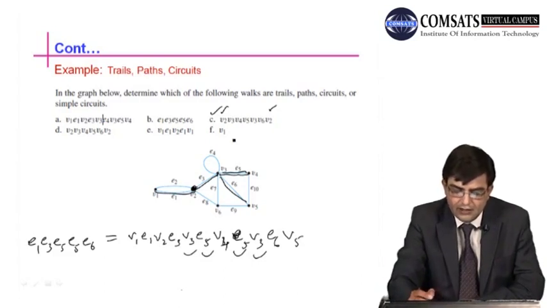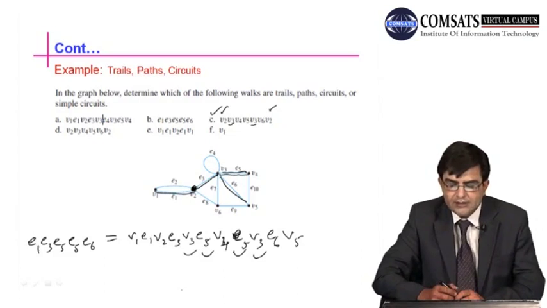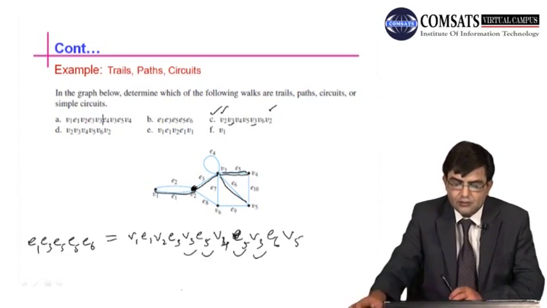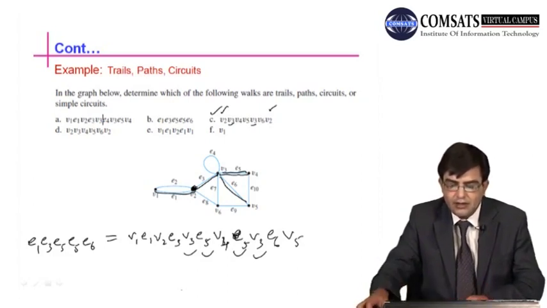So here we have a repeated vertex, but no edge has been repeated. So this could be a circuit, because it contains at least one edge, the starting and ending point is the same, and no edge is repeating, but the V3 vertex is repeating here. So this is a walk first, and then it must be a circuit.